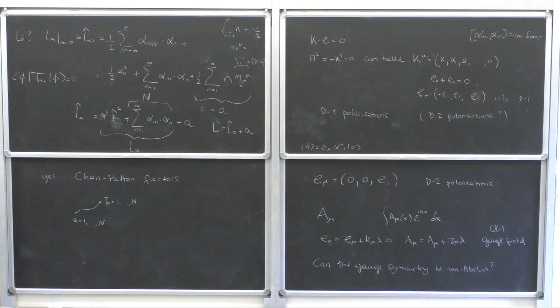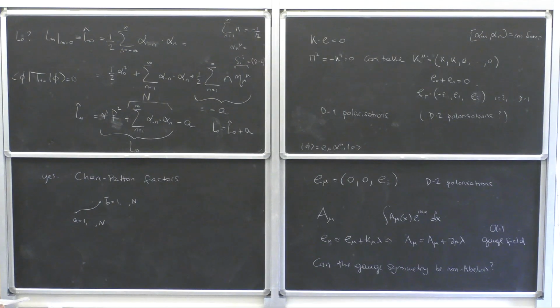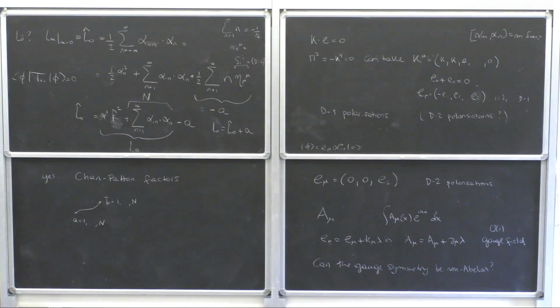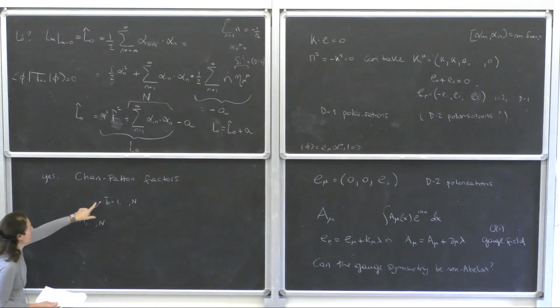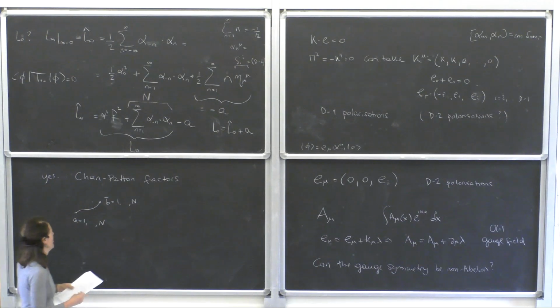And here, this is in some fundamental representation of GLN, and this is in some anti-fundamental, because these are two different ends, so this is sigma equals 0, and this is sigma equals pi. So one I call fundamental and another anti-fundamental.